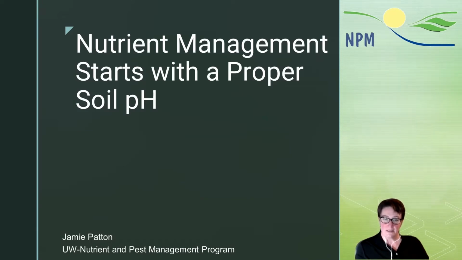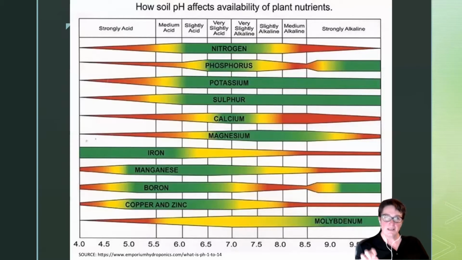agronomic situations. So in times of high fertilizer prices, such as we're experiencing right now, it is imperative that we keep our soil pH in a range that's ideal for a particular crop. And the reason for that is kind of explained in this chart. And I like this chart because it's really visual. So when we look at the bottom axes, you notice the pHs are ranging from 4 to 10.